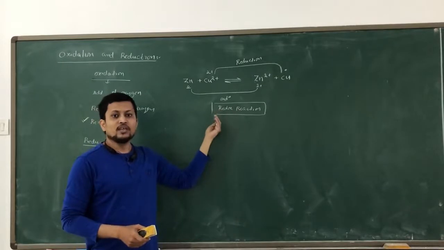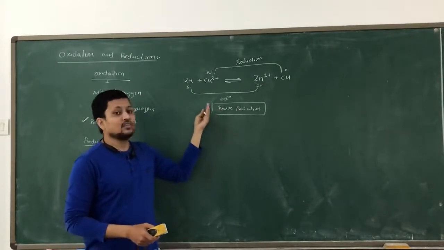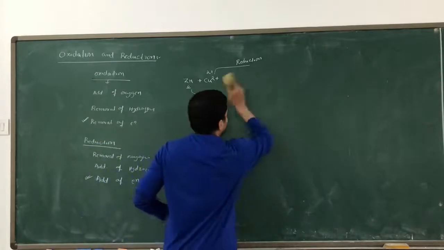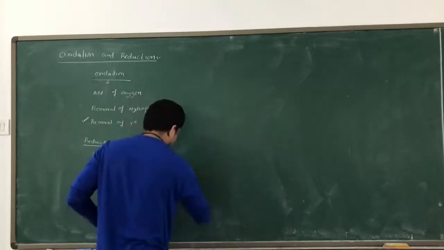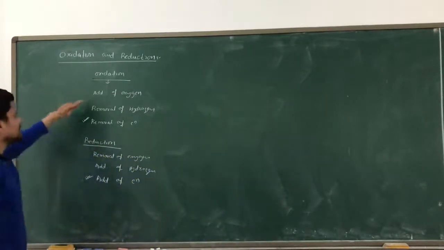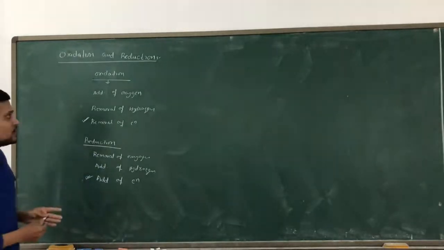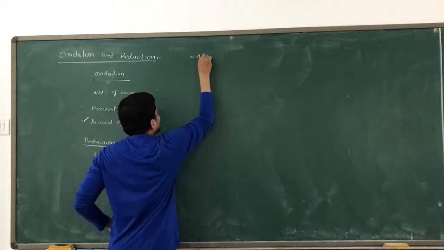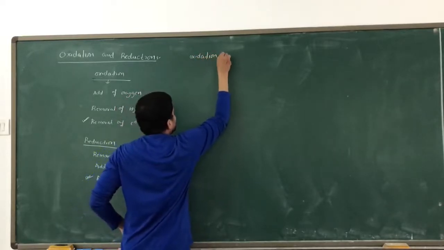Then we go for the calculation and we can understand what oxidation number is. I'll just write over here the oxidation number now. I'm just putting oxidation and reduction as it is, so that you can see. Now here we are going for oxidation state.